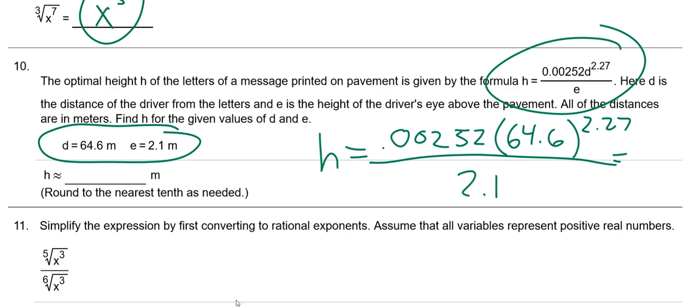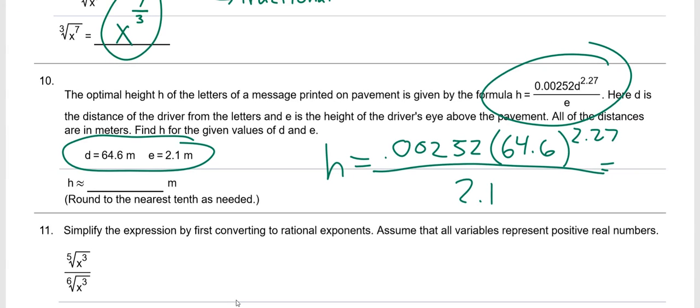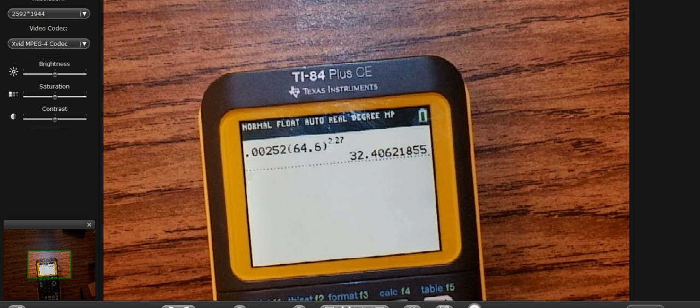What'd you get for the top of that bracket? 32 something? Yep. So we got that part. What are we going to divide by? 2.1. Okay, this is meters.